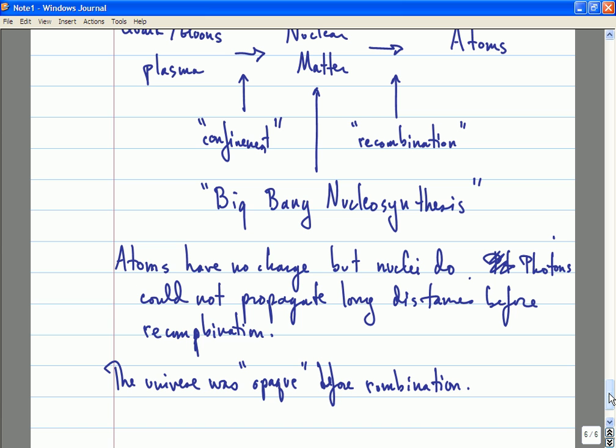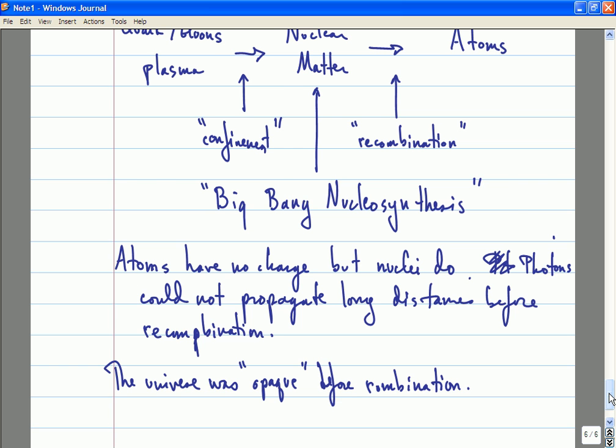So, for example, through our knowledge of the laws of nuclear physics, we can understand to a great deal of accuracy the properties of the nuclear fluid, the nuclear matter, that made up the phase before recombination. And by studying the properties of this nuclear matter, we can understand, for example, the relative abundance of elements of the periodic table that were created during the recombination phase.